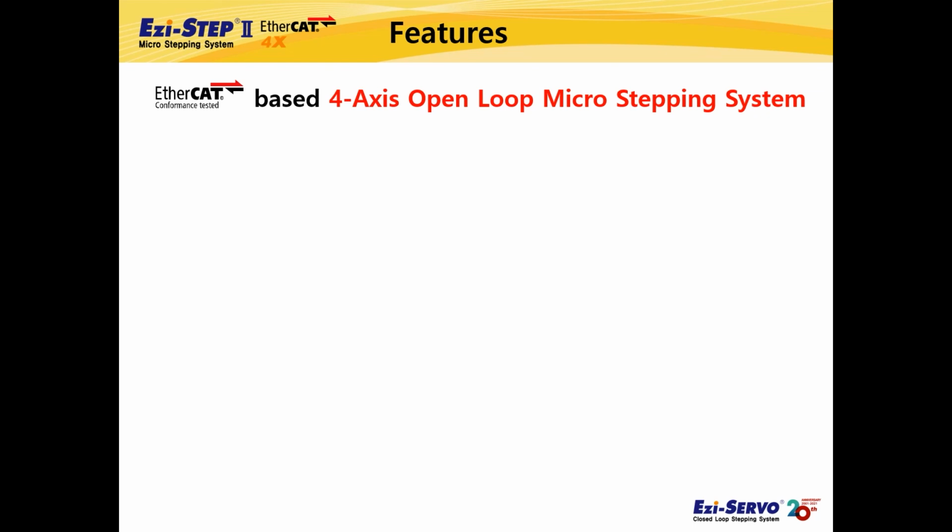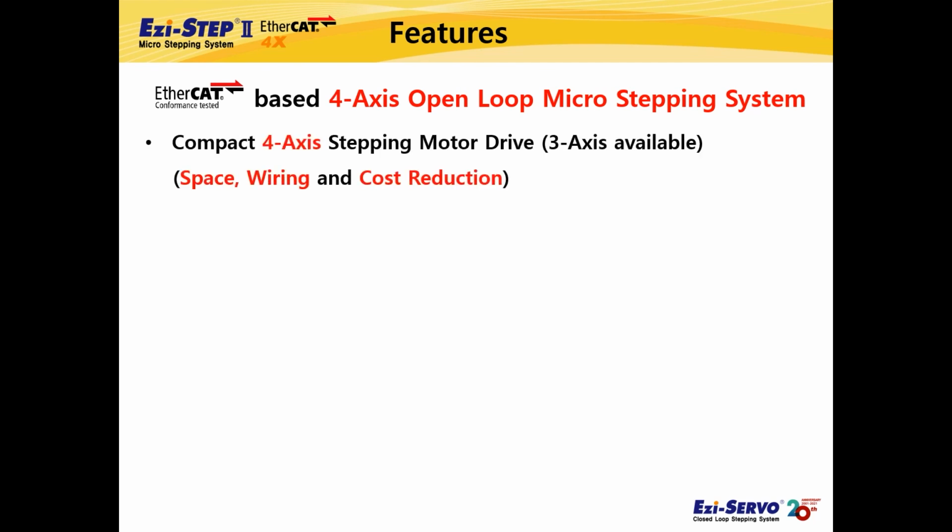Ezi-STEPII EtherCAT 4X is an EtherCAT-based 4-axis open-loop micro-stepping system product. There are 4 drives in one Ezi-STEPII EtherCAT 4X case. Thus, you can save space and the wiring would be simpler. Space saving and less wiring can reduce cost.